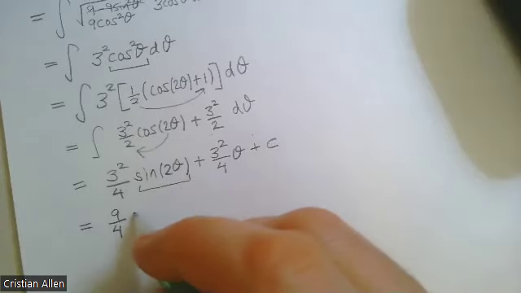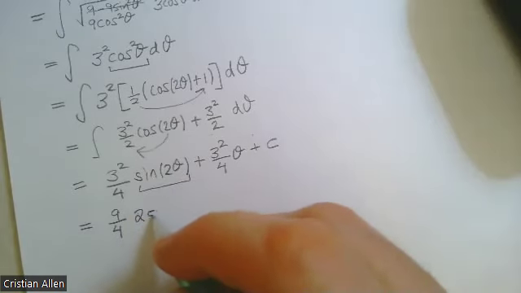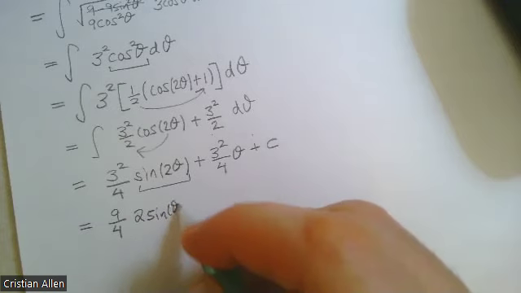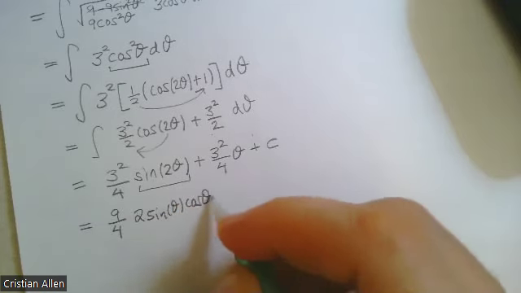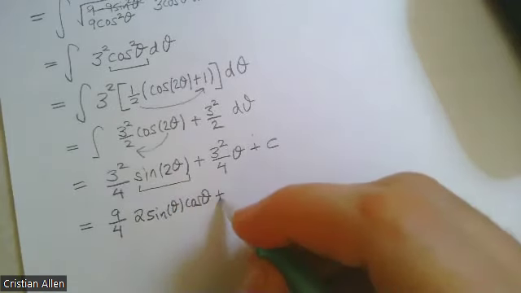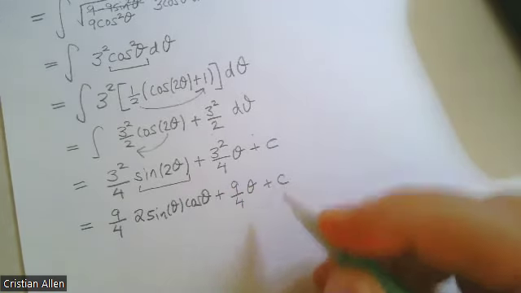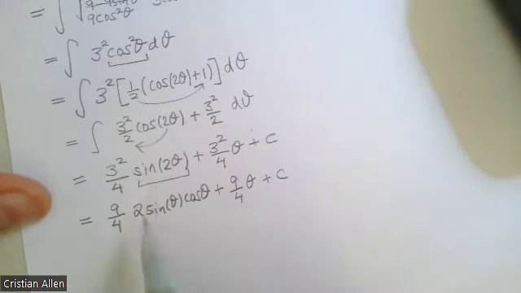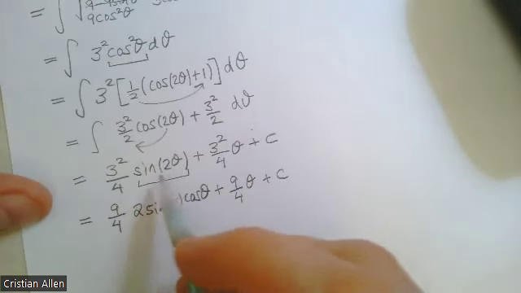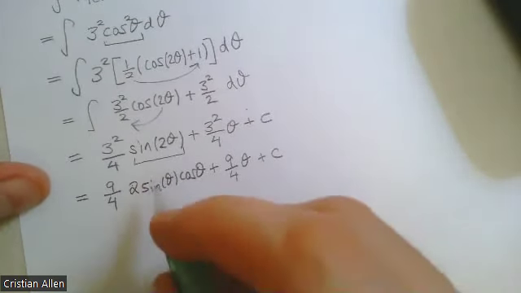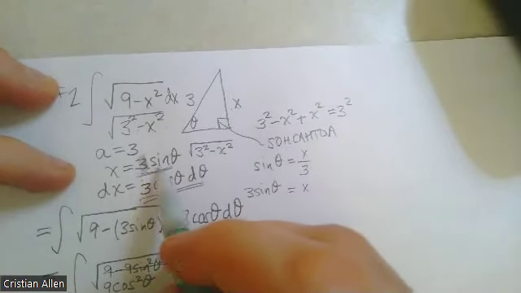Sine 2 theta is going to become 2 sine theta cosine theta. This guy over here, I'm just going to leave it as theta for now. All right, so again, we're trying to simplify a little bit here. Now remember, up above, that sine theta, you can solve this, is x over 3.